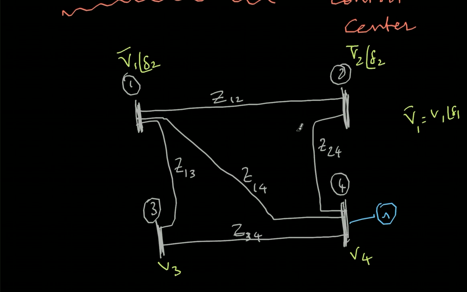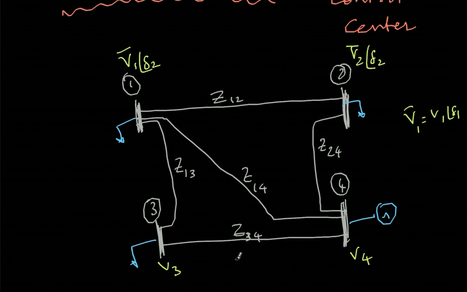Another combination, maybe there is a generator at 4 and all other places there are loads. It's not always required that there will be two generators and two loads. It could be any combination. Of course if all are loads, then there is no generation and the power system cannot run. Similarly all generators can happen, because then all generators will be generating basically zero power. So that's another special case.